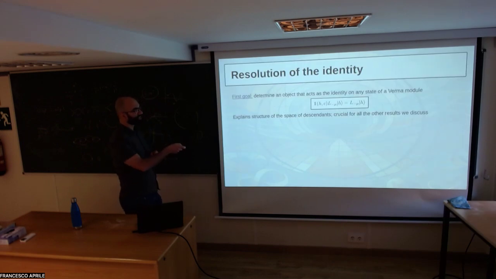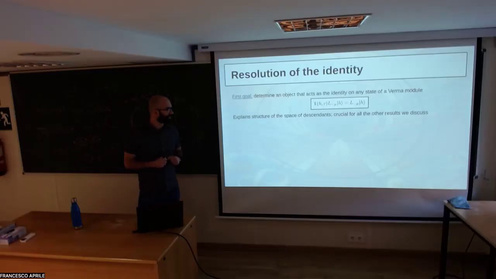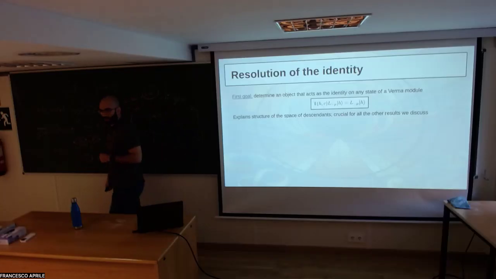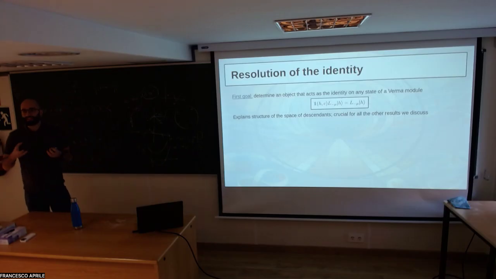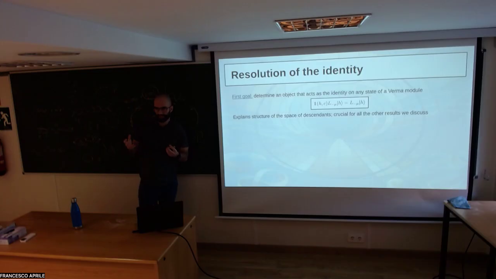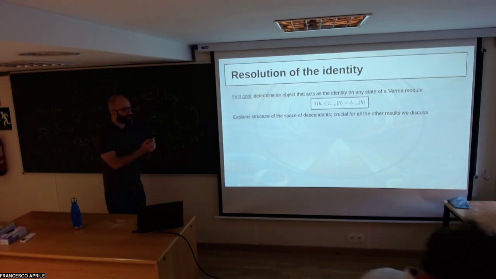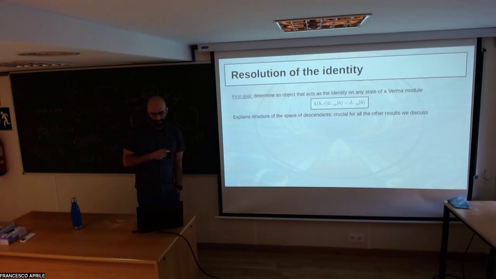So what is it that we want to do? We want to have an object that, applied to any arbitrary state, just returns the initial state. Okay, some non-trivial object that does this job. This is interesting because it basically tells us what is the inner structure of representations, the way you should construct them, the way things are reorganized in representations.